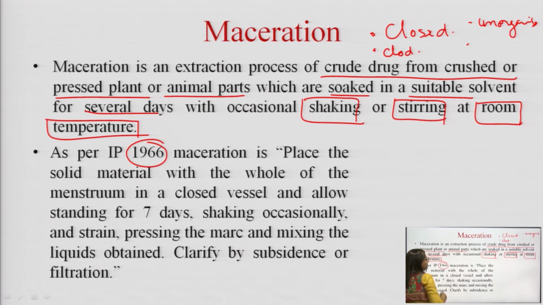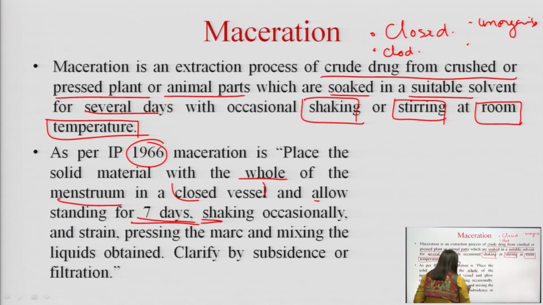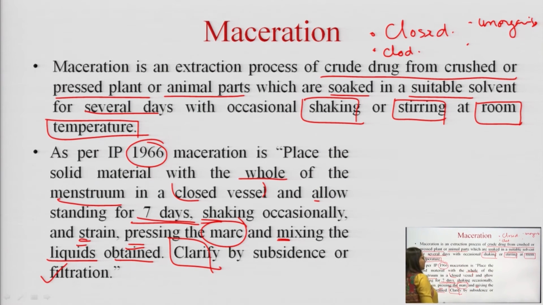According to the 1966 description, maceration is to place the solid material with the whole of the menstruum in a closed vessel and allow it to stand for 7 days, shaking occasionally, straining, pressing the marc, and then mixing the liquids obtained, clarifying by subsidence or by filtration.